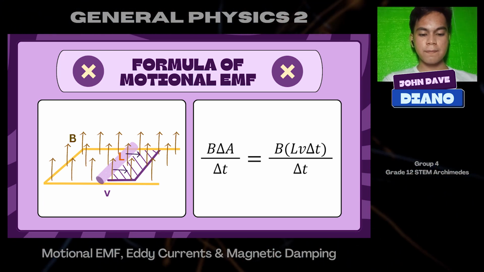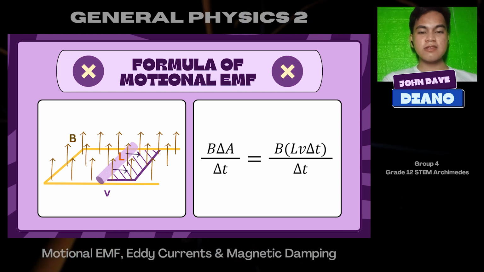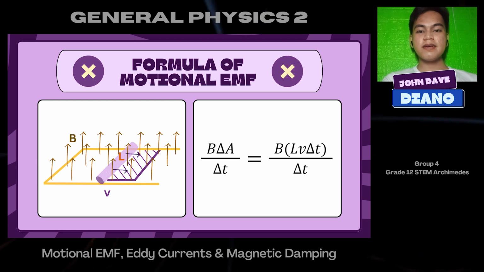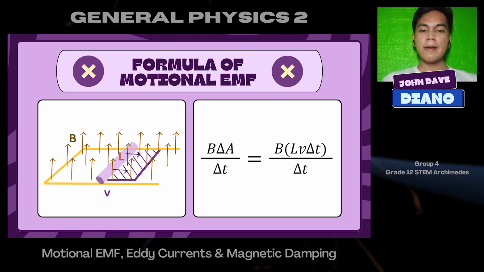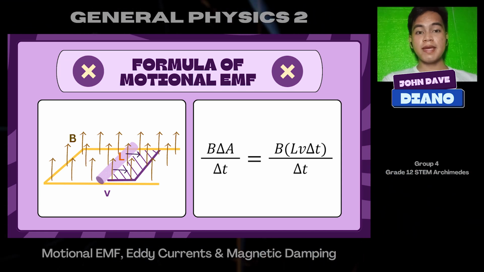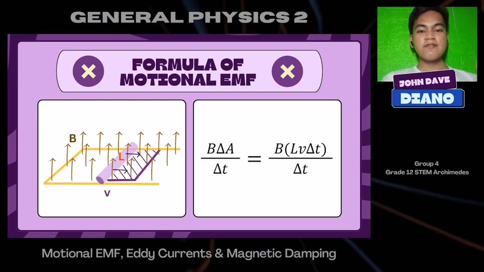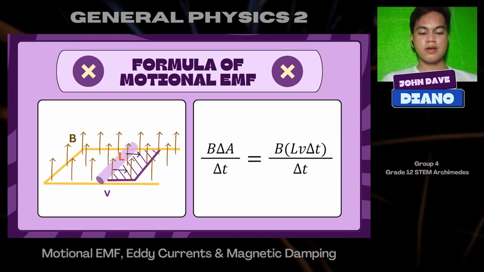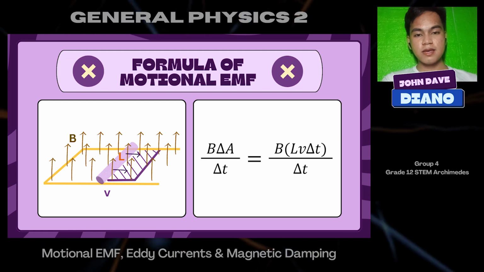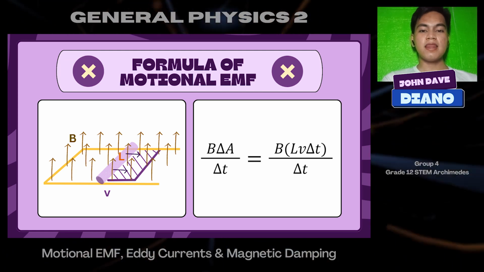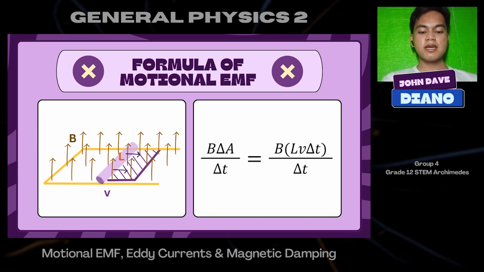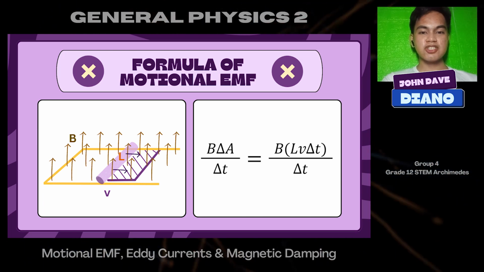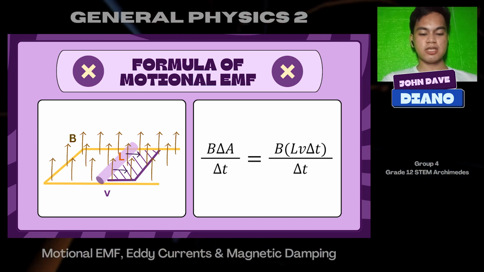So, rather, B multiplied by change in A over change in time is equal to B multiplied by LV times change in t. So, B multiplied by the length of the rod times the velocity times the change in time over change in time.